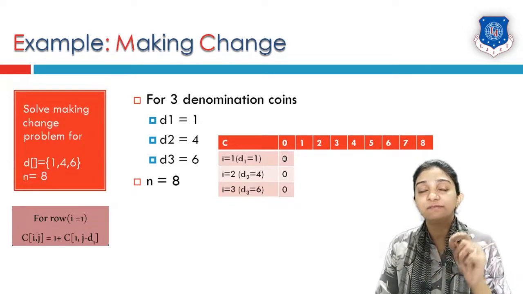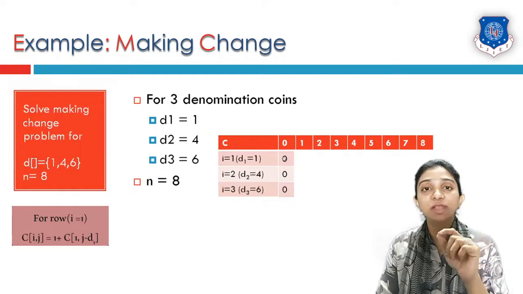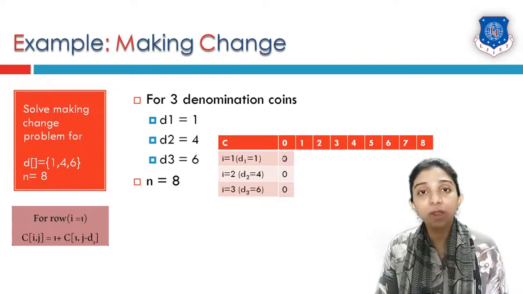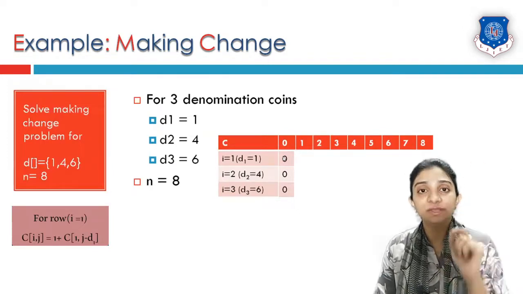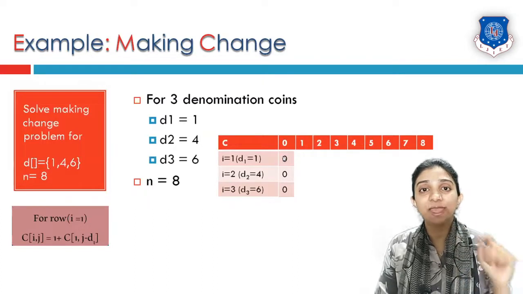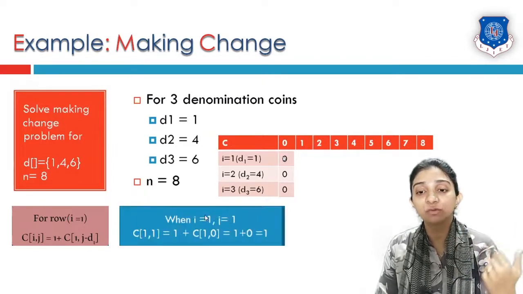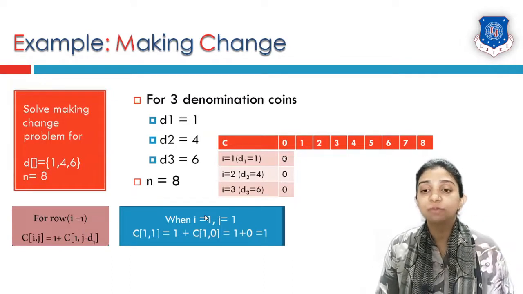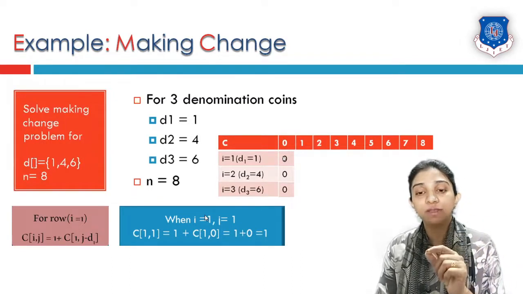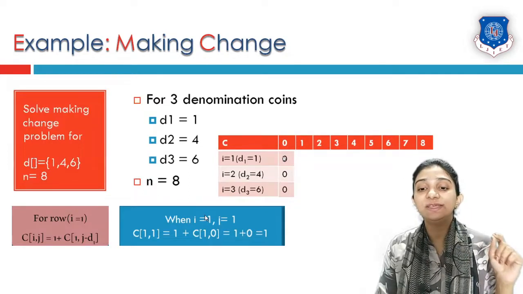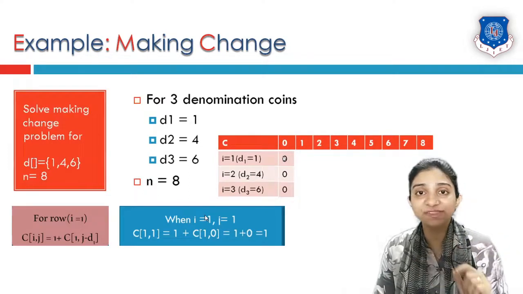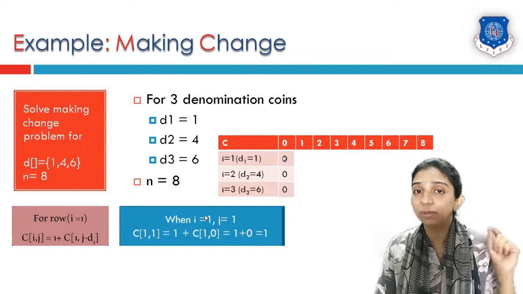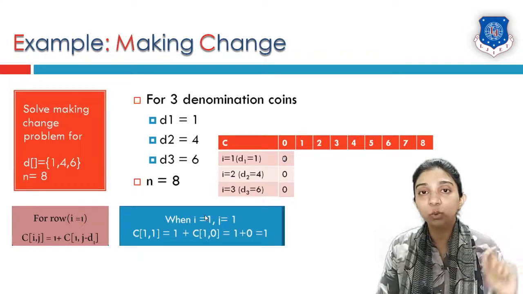If we are currently working at cell 1 comma 1, j is the column number. So if the column number is 1, j minus di, 1 minus 1, is 0. So for row 1, column 1, C of 1, 1 is 1 plus C of 1, 0, which is 1 plus 0, equal to 1.